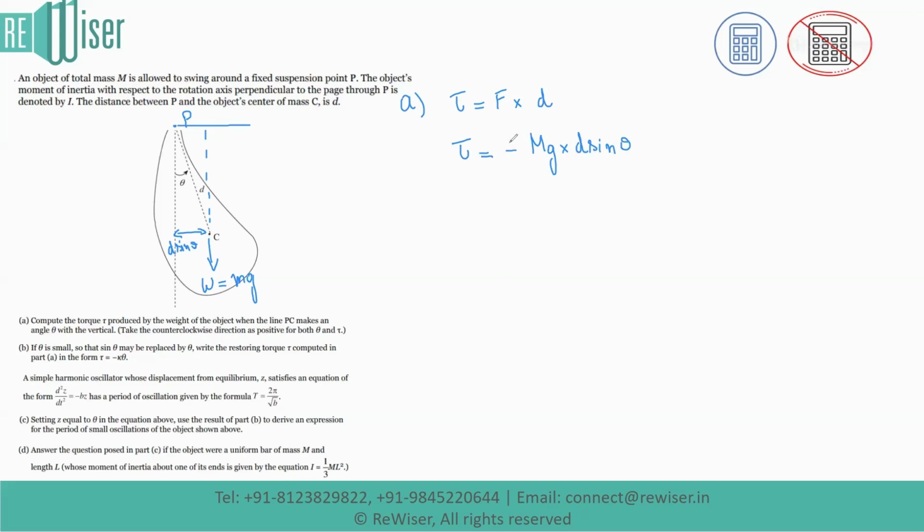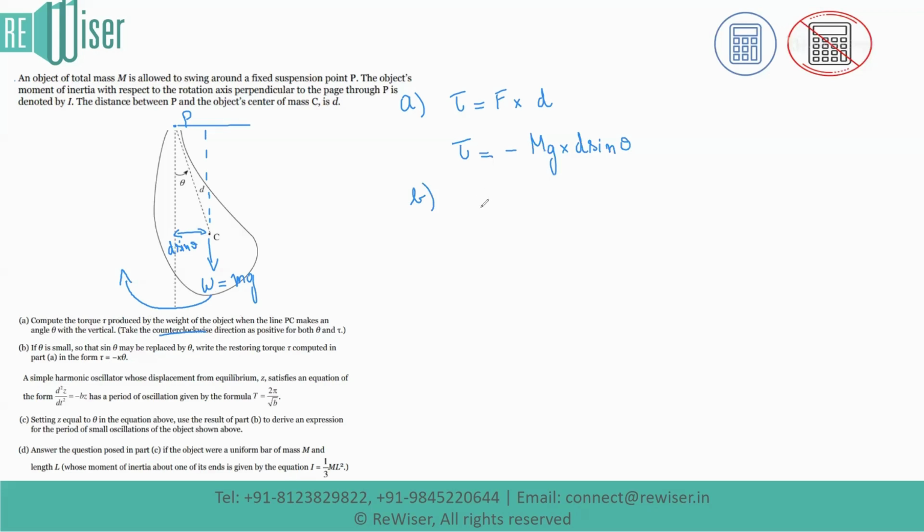The reason I am writing the negative sign is because the torque applied is going to be clockwise as shown here. And since they've asked counterclockwise to be positive, clockwise will be negative. Going to part B, they've said that theta is very small.